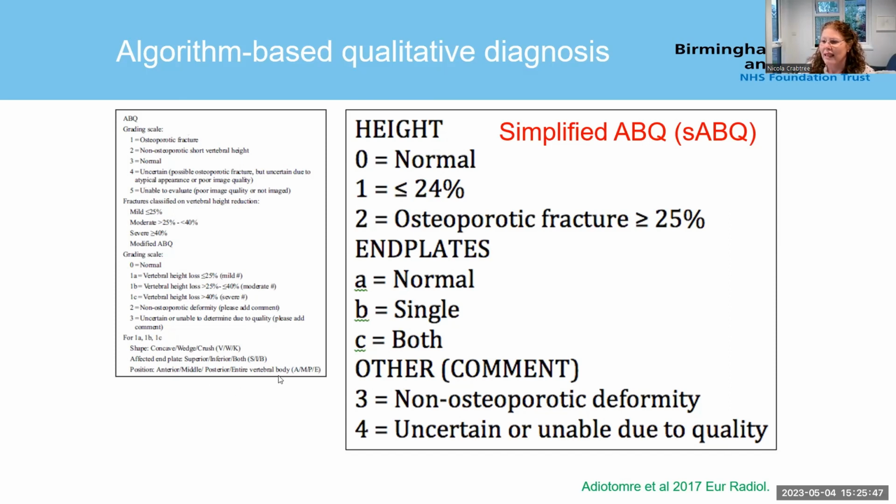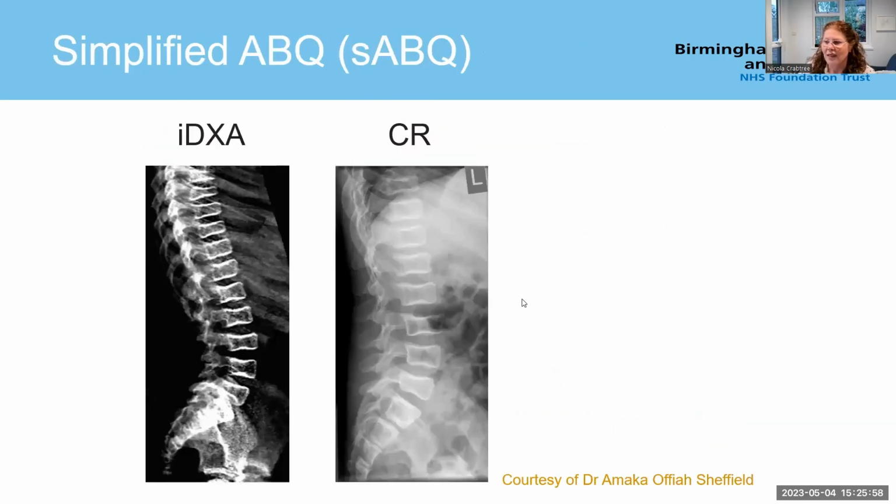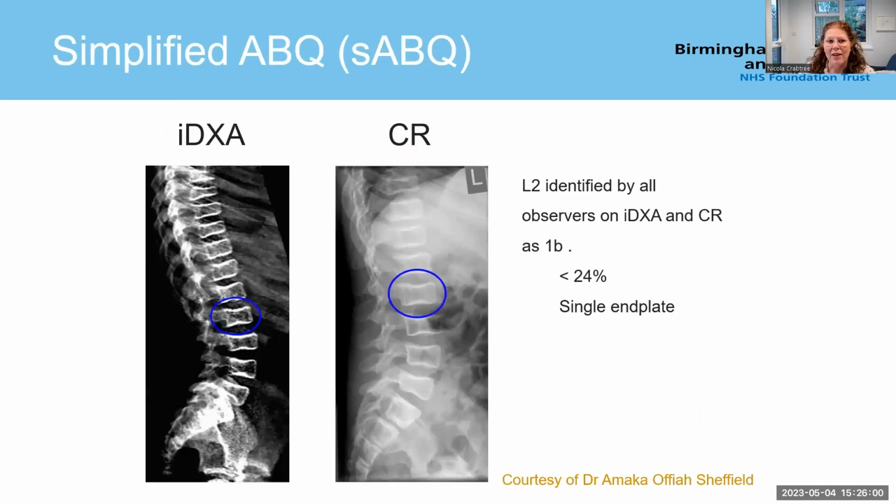On the left here, we can see the technique that's used in adults, and it's quite complex. It's been simplified to use in children. And I'll just show you an example of that. So this is from work from Sheffield, where again they were comparing DEXA images with radiography images. And here they're looking at L2, and they identify that it is a less than 25% deformity, and it's only affecting a single end plate.